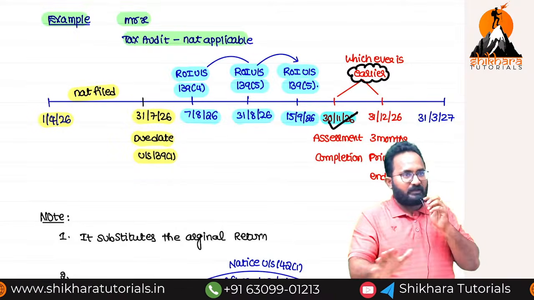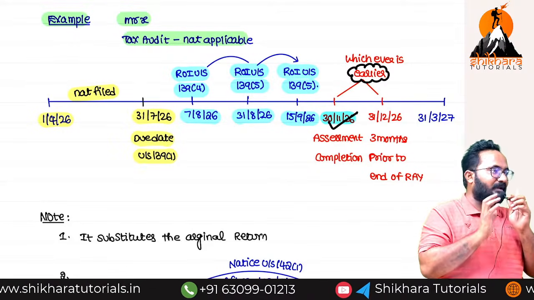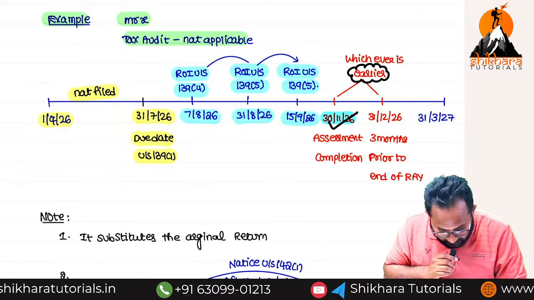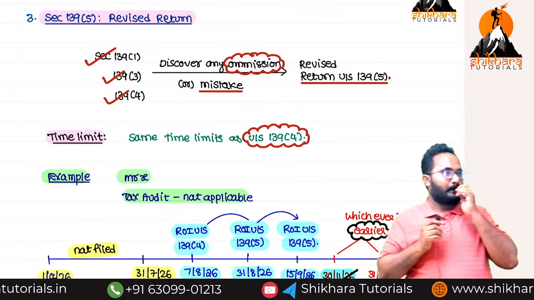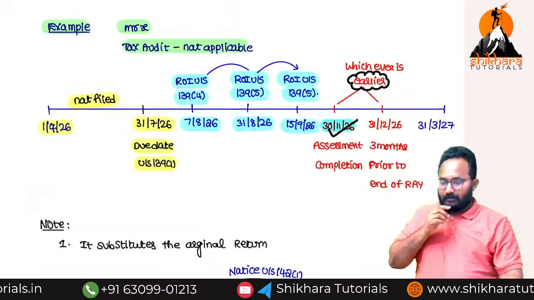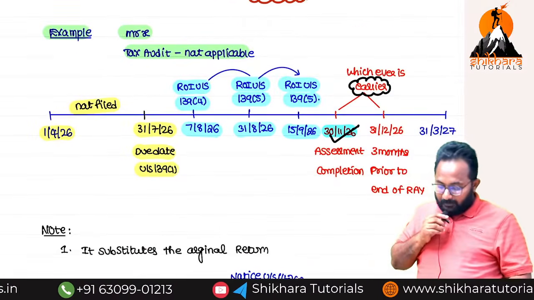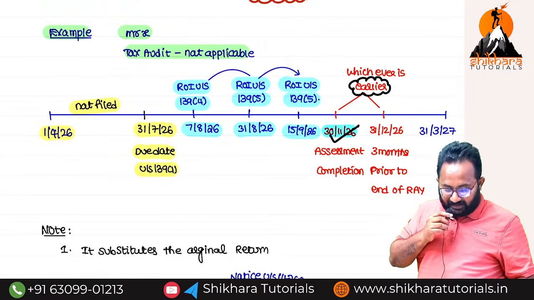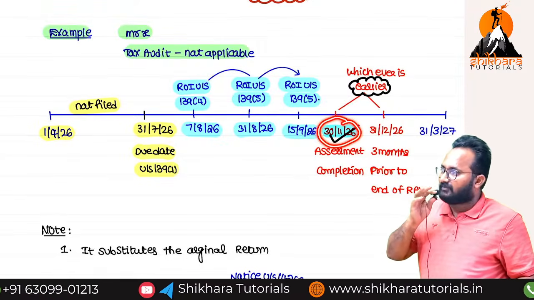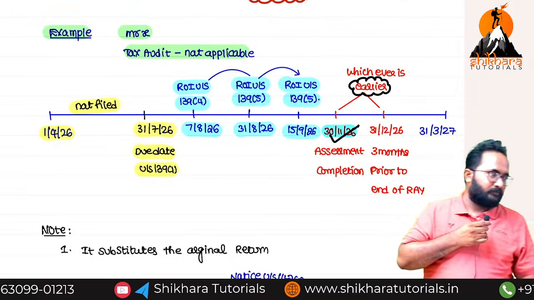N number of times. That means unlimited times you can revise, but within the time limit under section 139(5). Here I am taking the example: belated, revised, revised again, revised again. Before this date, any number of times you can revise.